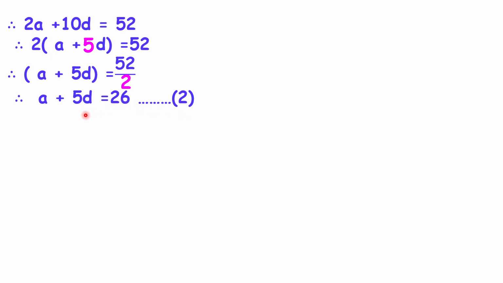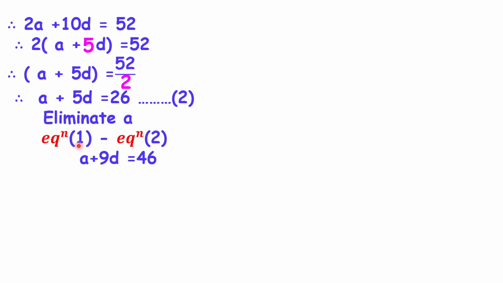Solving this equation 1 and 2, which variable can be eliminated easily? We eliminate A, equation 1 minus equation 2. Here equation 1 is A plus 9d is equal to 46 and equation 2 is A plus 5d is equal to 26. We have to take subtraction, therefore give the sign of operation here.